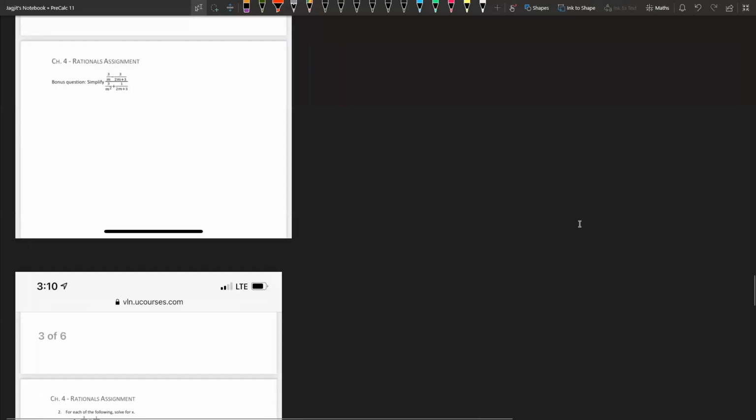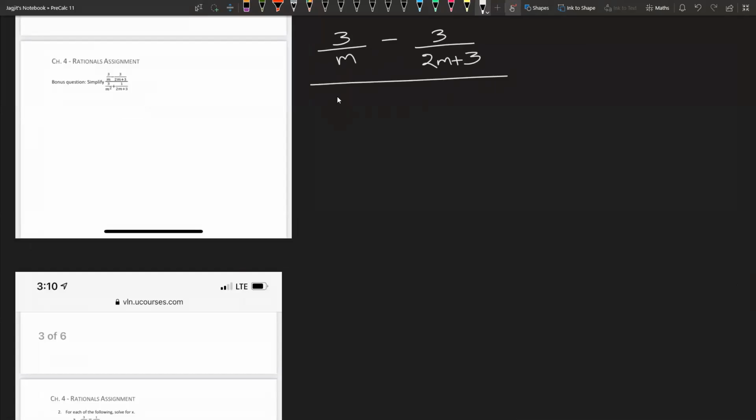Okay, guys, let's have a look at this one now. We've got 3 over m minus 3 over 2m plus 3, all divided by 3 over m squared plus 1 over 2m plus 3.